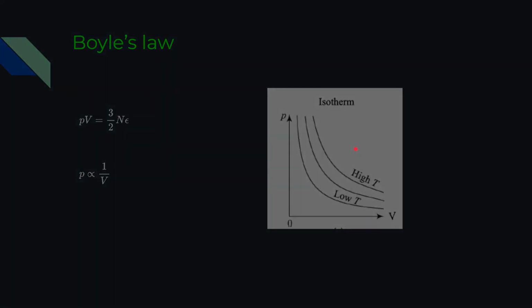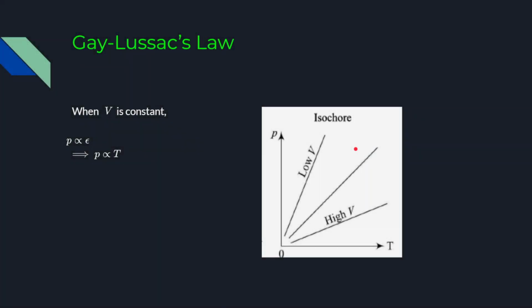The next one is Gay-Lussac's law. When the volume is constant, pressure is directly proportional to the kinetic energy, and if it is directly proportional to kinetic energy, it is also proportional to the temperature. Now look at this system, called isochore.